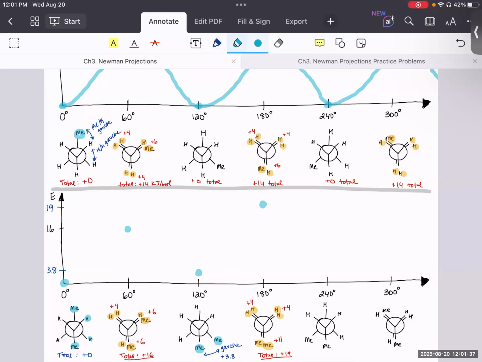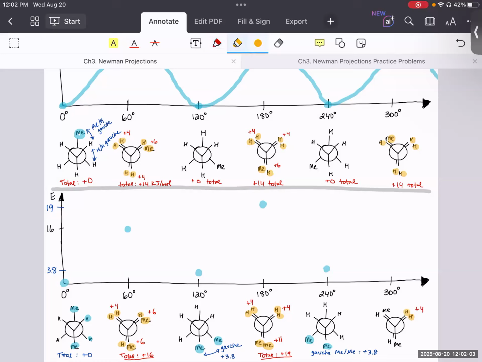In this next one, you can see that this is very similar to that 120, where we still just have that gauche methyl-methyl, and that's going to be +3.8, and so it's going to line up with 120. And then lastly, we can do this eclipsing one. We have hydrogen-hydrogen, which is +4.